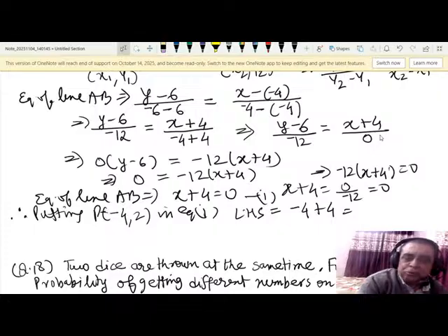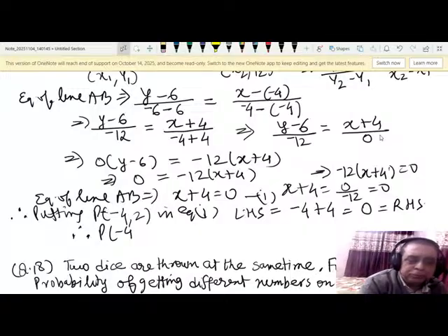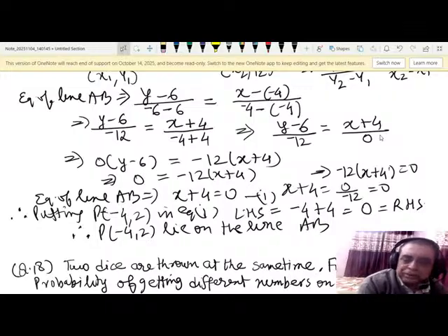So minus 4 plus 4 gives us 0, which is equal to the right hand side. So this coordinate of P satisfies equation number 1, the equation of the line AB. Therefore it is proved that point P (minus 4, 2) lies on the line AB. So this was asked to prove.